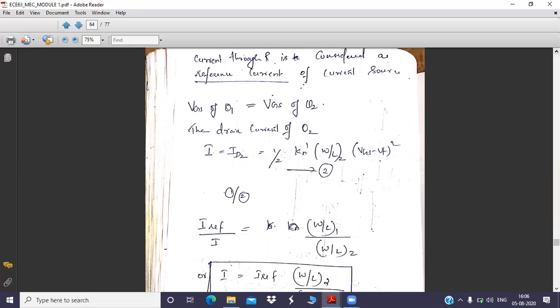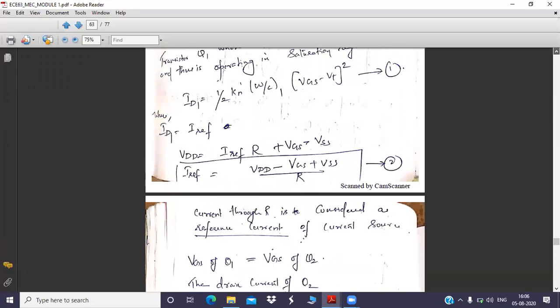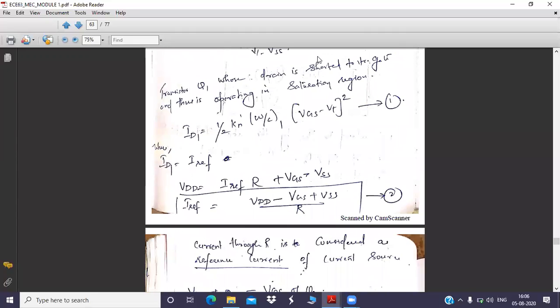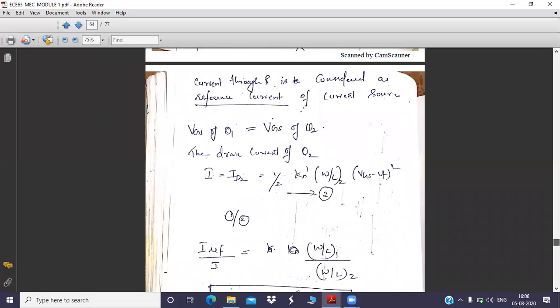And what about the first transistor? This is the equation for ID1 of the first transistor. The only difference is here it is W by L1, the W by L ratio of the first transistor, and for the second one it is the W by L ratio of the second transistor. Now you divide these two.